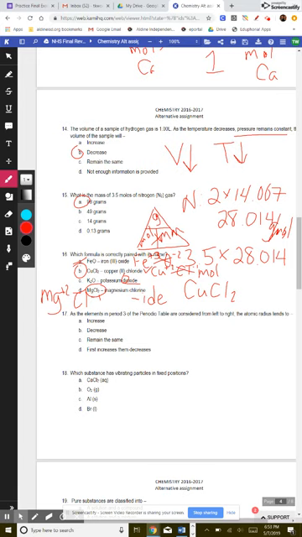Okay. 17, as the elements in period 3 of the periodic table are considered from left to right, the atomic radius tends to, and we have to pick increase, decrease, remain the same, or first increases, then decreases.